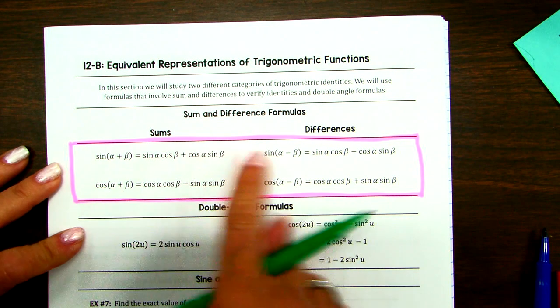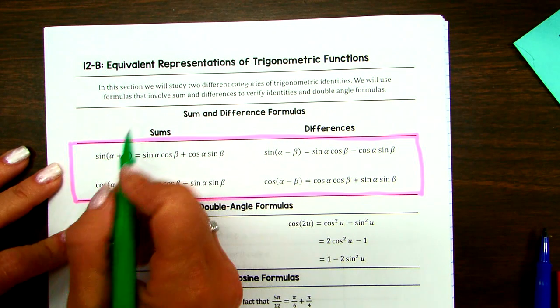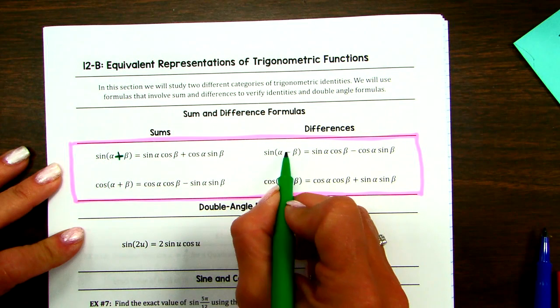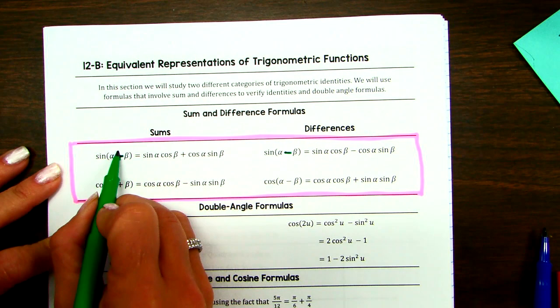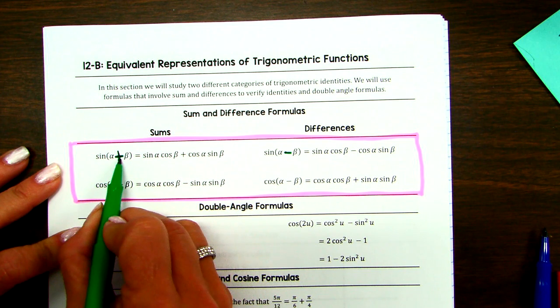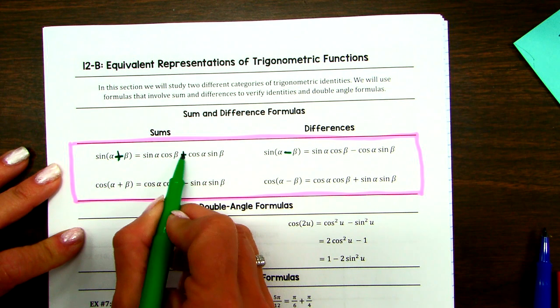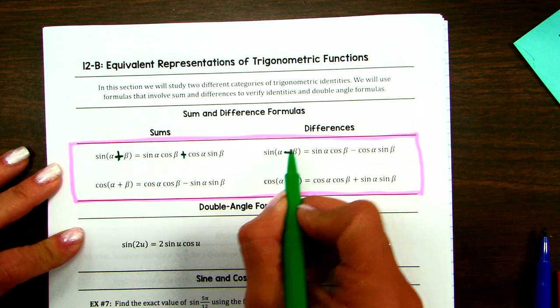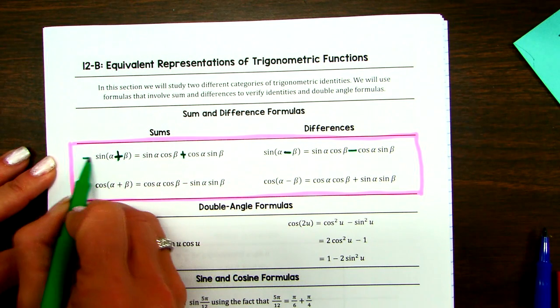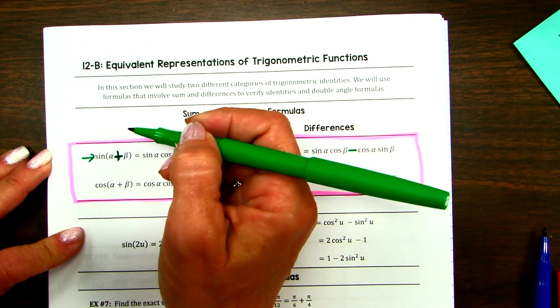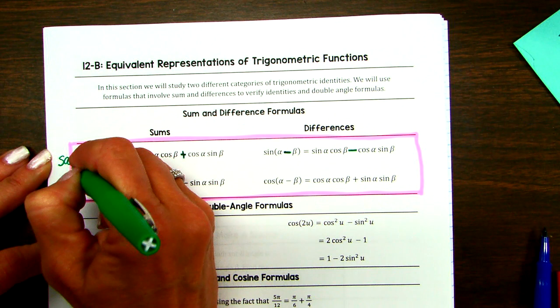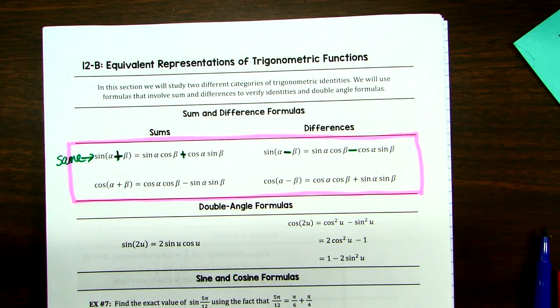Now, look at the 2 sine formulas. We have our sum and we have our difference, okay? Notice that when we expand it on the other side, we also have a plus. So plus, plus, minus, minus. Sine starts with an S, and so does same. They have the same sign in the middle. Look at cosine.